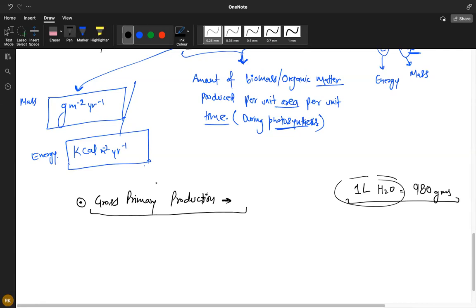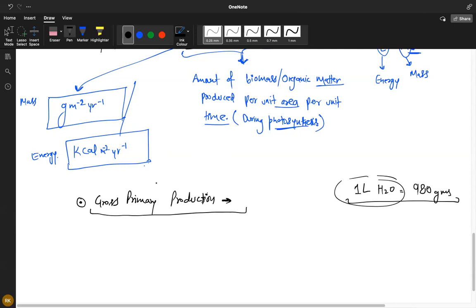Yes, sir. If plants do photosynthesis, plants also do respiration. Plants also maintain their damage, wear and tear. They also repair the cells and molecules in the cell. So a lot of this energy or this biomass is lost. Okay, so this organic matter is lost or is utilized by the plants in the process of respiration.